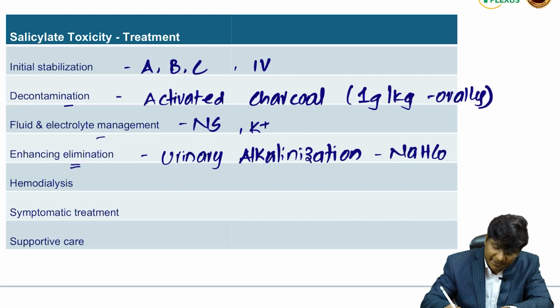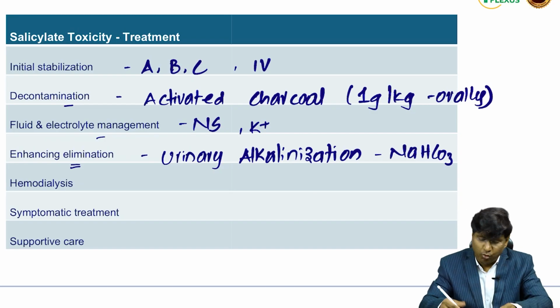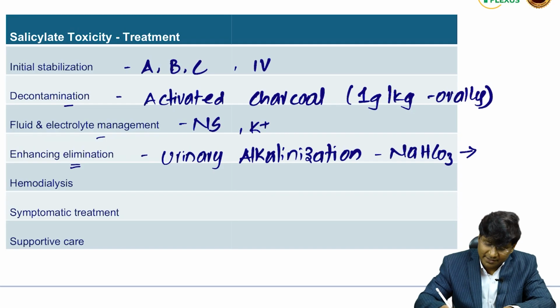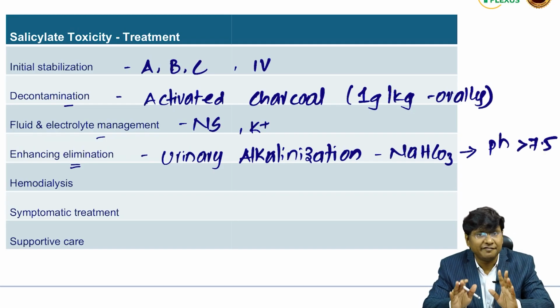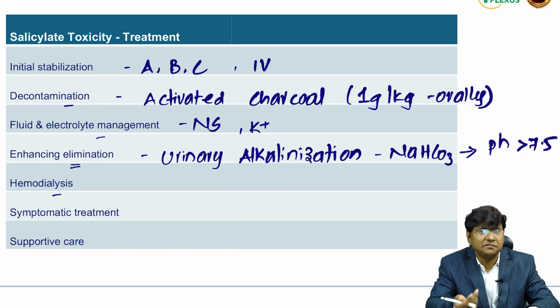So sodium bicarbonate has to be given to alkalinize the urine. And what should be the urinary pH whenever you are giving sodium bicarbonate? The urinary pH should be more than 7.5, right?